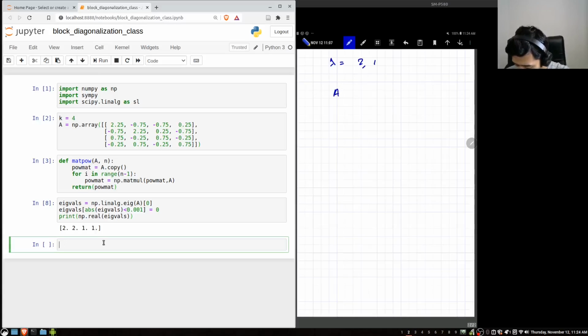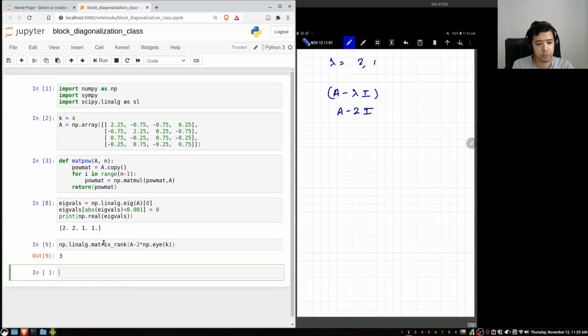How do we find the geometric multiplicity? You compute A minus lambda I. The geometric multiplicity is the dimension of the null space of A minus lambda I. In this case it is A minus 2I. Let's find the rank of A minus 2I. It has rank 3.